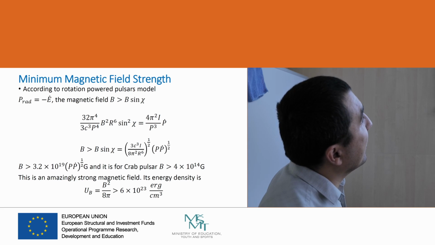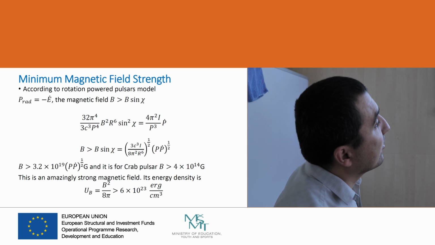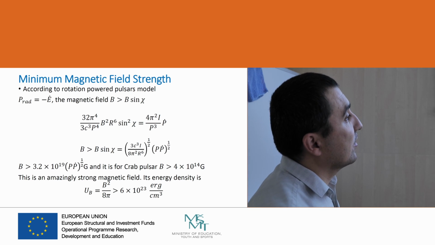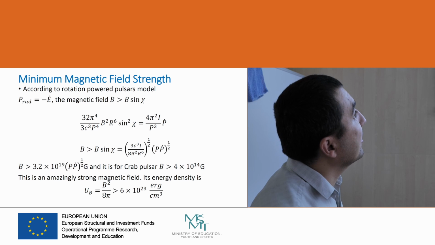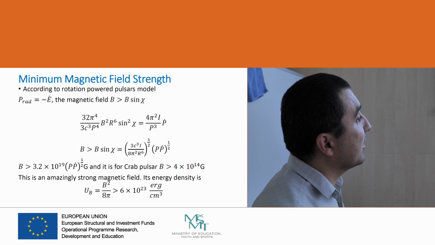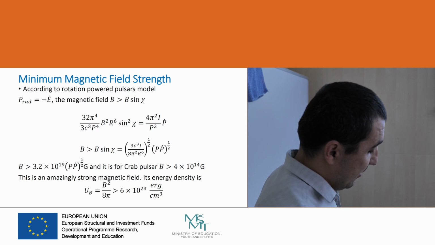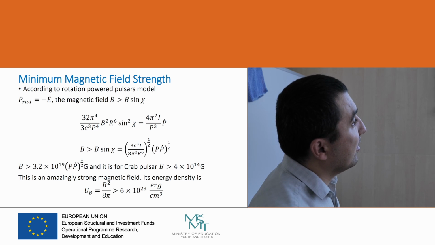It shows that the Crab pulsar's field should be less than that of the magnetar type. So it is 4 times 10 to the power 14, and its energy density should be 6 times 10 to the power 23 per second. We provide some estimations on the Crab pulsar.